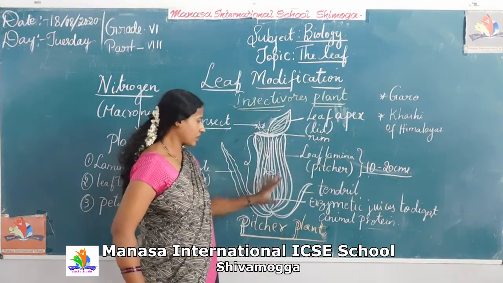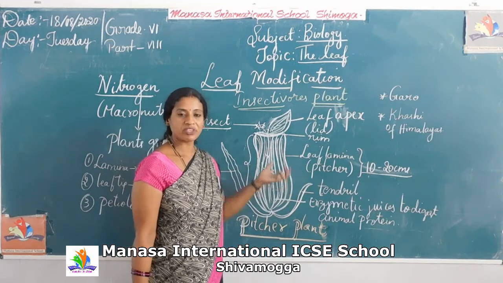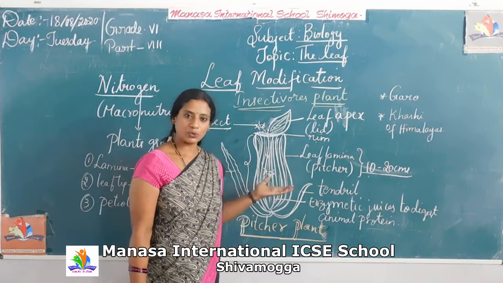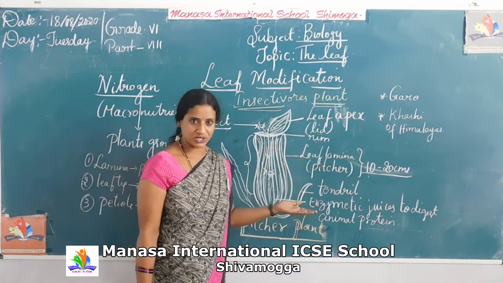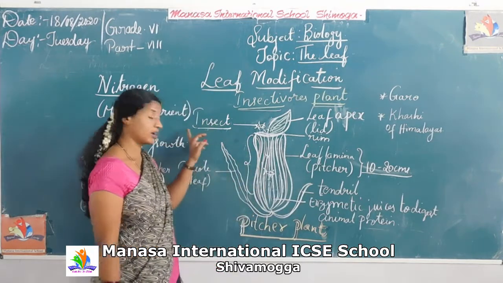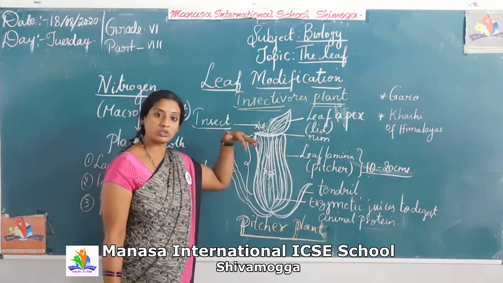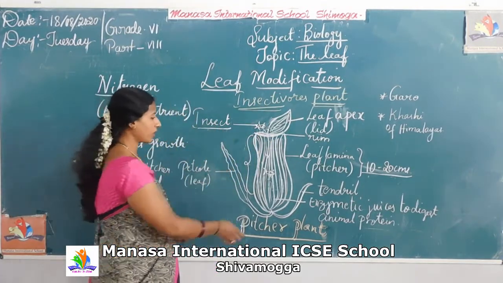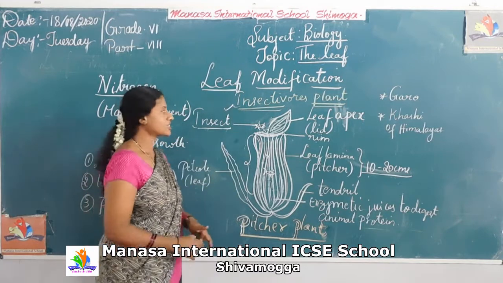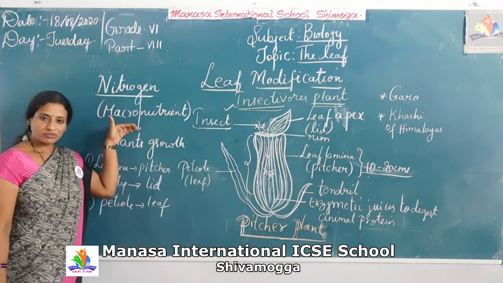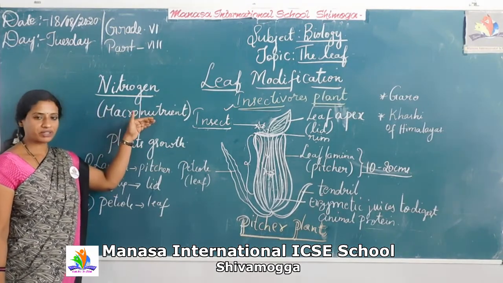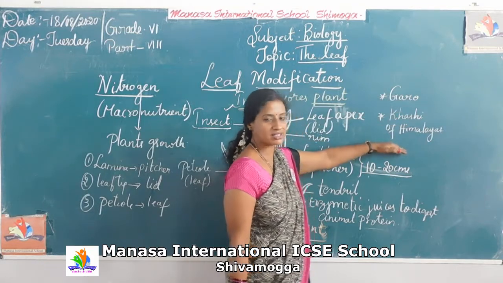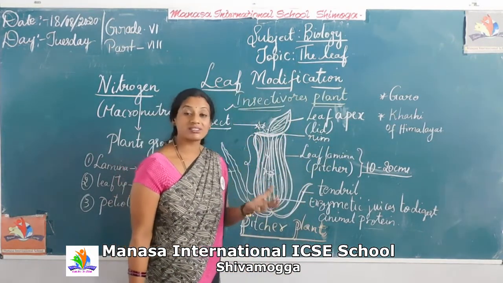So the overall conclusion is, in some plants, to overcome the deficiency of nitrogen, these insectivorous plants undergo modifications and extract nitrogen from organisms that come and sit on the rim part. Let us revise it overall. We are discussing the insectivorous plant. As we know, nitrogen is very important for the growth of the plant. It's a macronutrient. In the plants grown in the Garo and Khasi hills of the Himalayas, the soil has less nitrogen content.